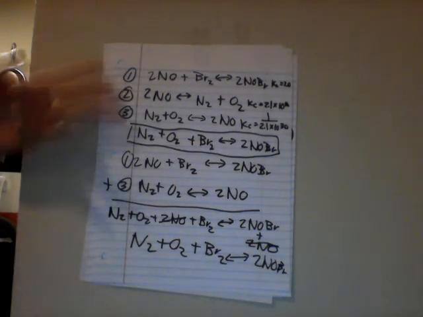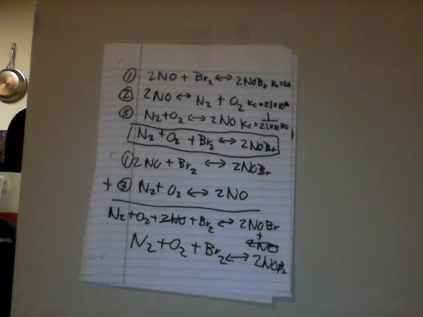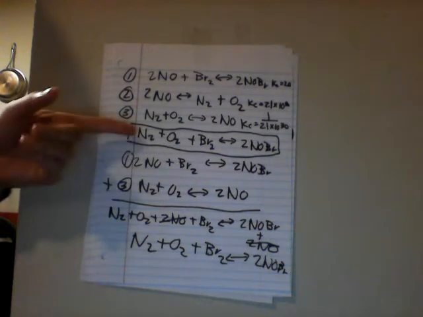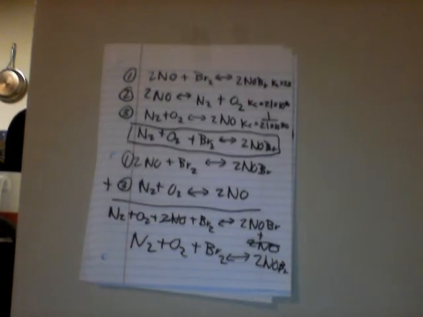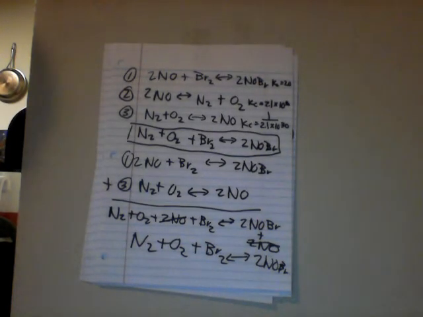So if you get something like this, where you have two equations next to each other, and you have to get to a final one, such as this, then you're going to have to manipulate them. Sometimes you're going to have to multiply them by 2 to get the right number of products or reactants. So just be aware that you may have to multiply or swap, switch products and reactants, and put one over or put it to the power. So just be aware that there's multiple ways you can do this, okay?